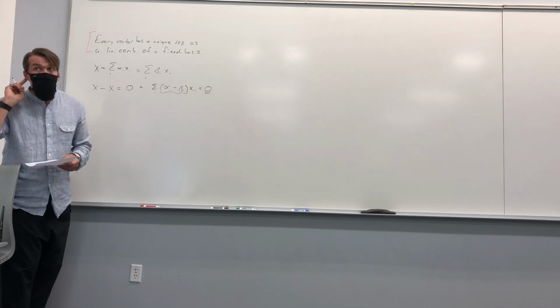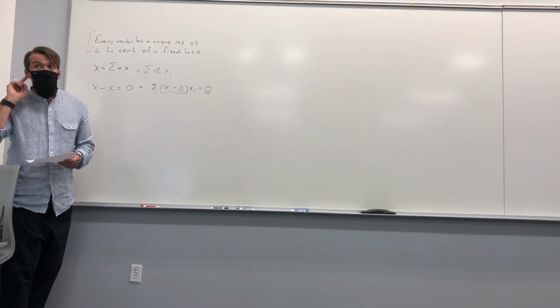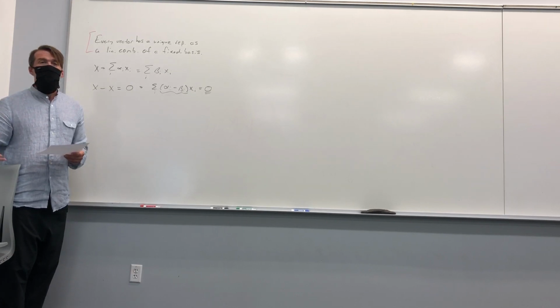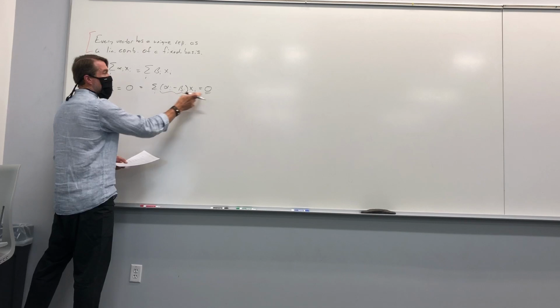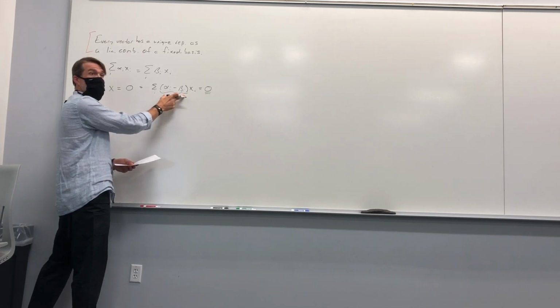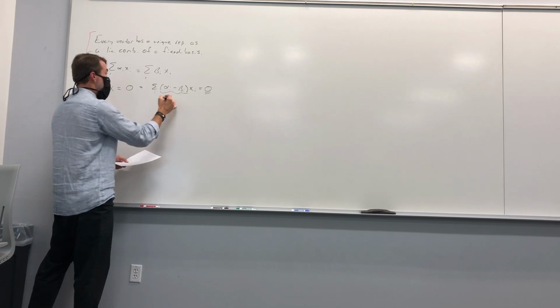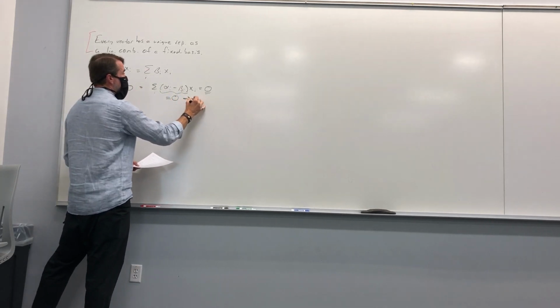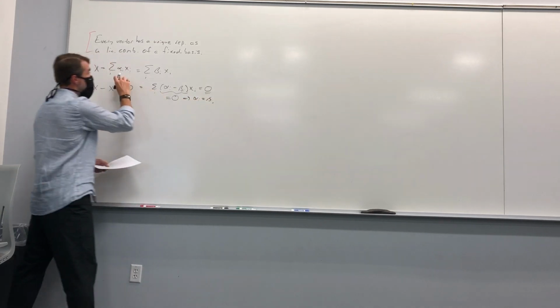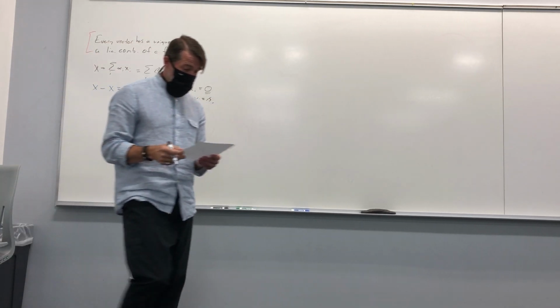Say it again? What if the vector itself is equal to 0, what must these components of the vector be? 0. If it's a linearly independent set, these have to be 0, and that of course implies that alpha I is equal to beta I, which means these two representations are the same. Okay?